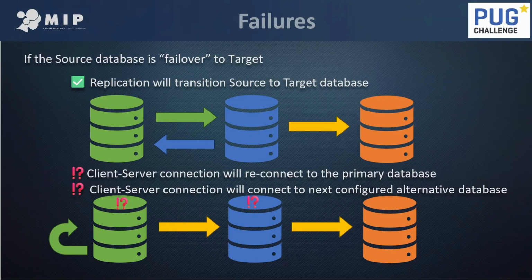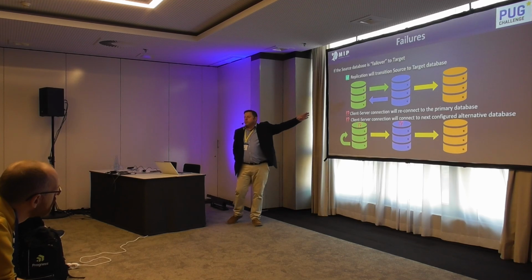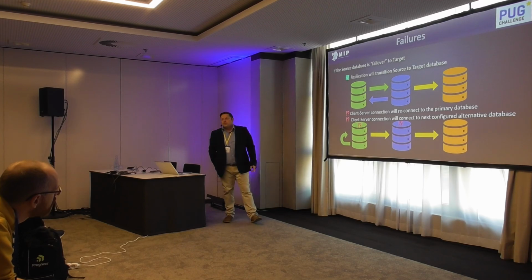The next scenario is, let's say I've got my DBs in the right sequence, properly set up. But if I do a controlled failover, which database is the alternate DB going to connect to? Will it connect to the source again, or will it connect to the target? I might fall over to the blue database saying that's my new source.